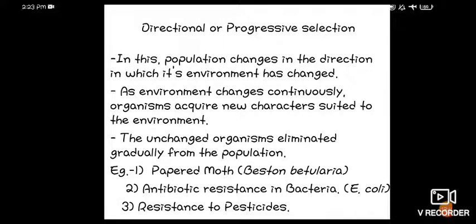These changes in the environment threatened the moth, as on a black background the predator bird could easily locate a light colored moth, and therefore the number of light colored moths drastically declined.